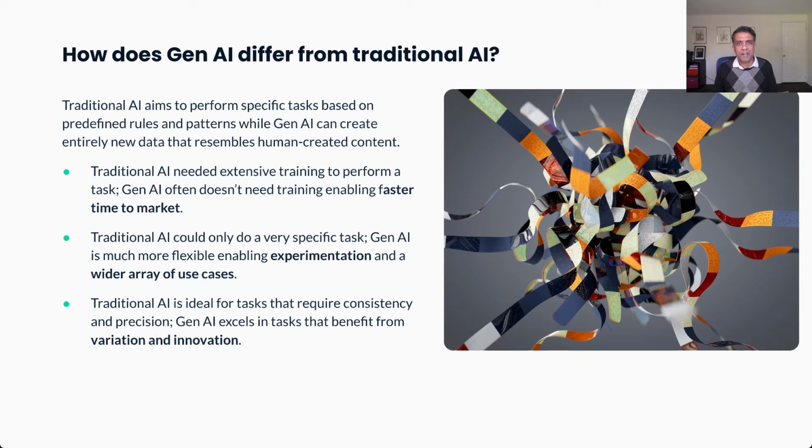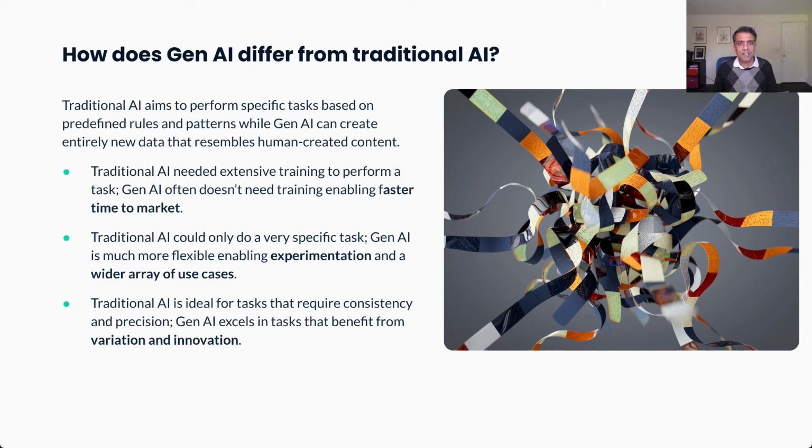Let's look at how Gen AI differs from traditional AI systems. Traditional AI is typically designed to perform specific, well-defined tasks based on predefined rules and patterns. In contrast, Gen AI is much more flexible and adaptive. It doesn't require extensive training for each individual task, and it can create entirely new content that resembles human-created work.